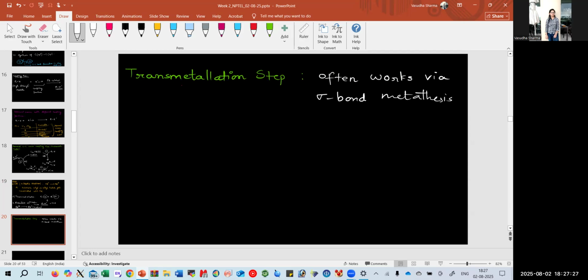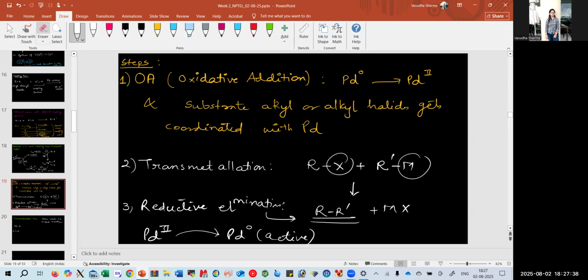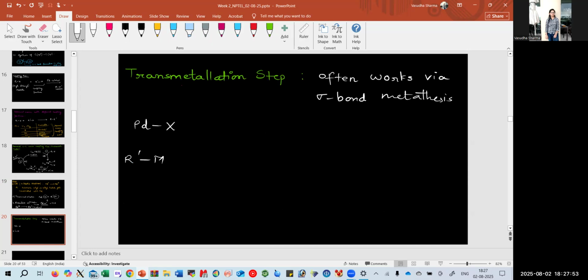Metathesis we also saw in our first week lecture. Here if we have palladium-X and R'-M, transmetallation has to be between two metals. So when you are doing it this way, it is sigma bond metathesis, where bond breaking happens here and bond formation happens here.